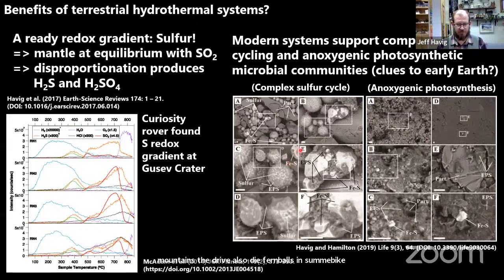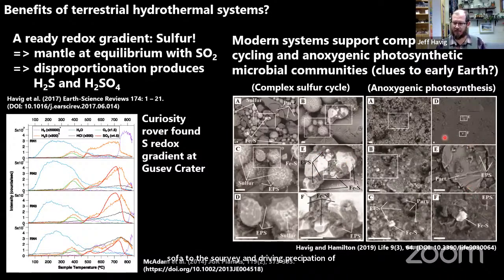And so on the left, this is showing SEM images of balls of sulfur that were forming in a hot spring. And then these balls of sulfur have microbial communities that colonize them and oxidize them. So we have oxidation of sulfur. And in that same system, again, here's EPS, so microbial community, there's also reduction of that sulfur to sulfide, driving precipitation of pyrite in the same system.